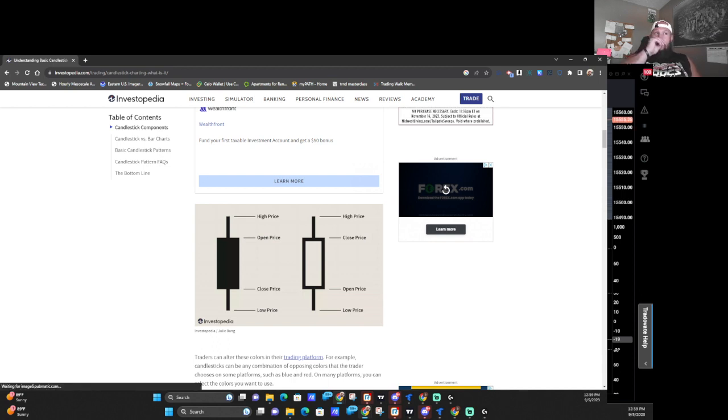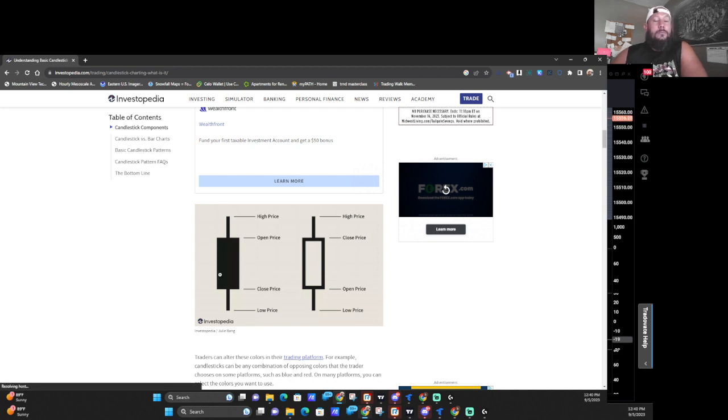So today we're going to go over basically the most basic concepts of trading, and that is a candlestick. What you're looking at here on your screen is a candlestick. So let's first look at this, and then we're going to go to the charts so it will be explained a little bit better. So basically you're going to have either a red and or a green candlestick.